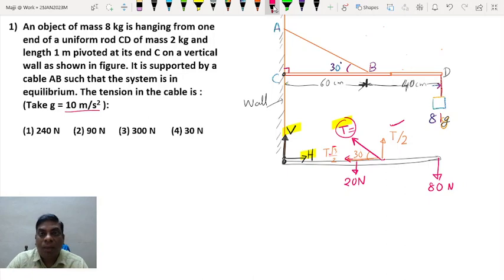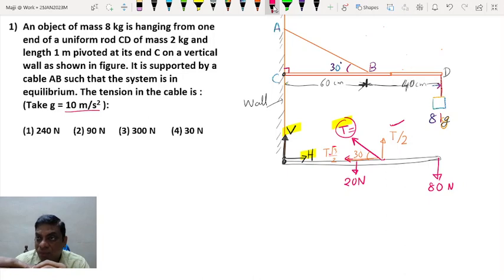So basically, when you apply the condition of equilibrium, if the body is in both kinds of equilibrium, namely translatory as well as rotatory, then translatory equilibrium can be obtained by applying the condition of horizontal equilibrium and vertical equilibrium if the body is under the influence of only coplanar forces.